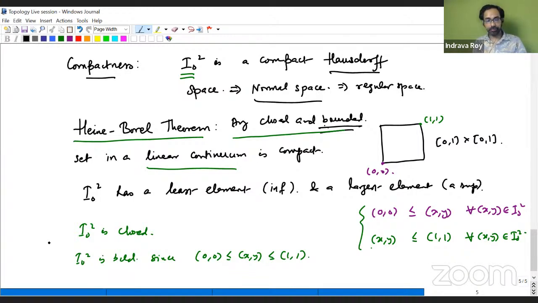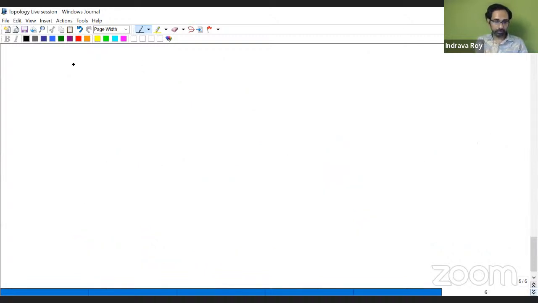What about the Baire property? Is the ordered square a Baire space? So we have the Baire category theorem, right?